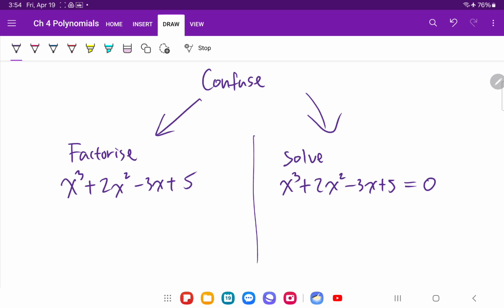Please understand that the answers for these 2 questions are different, even though they look similar. For the first question, what they want to see are 3 different brackets as the final answer, and that's it. You do not move on anywhere from there.